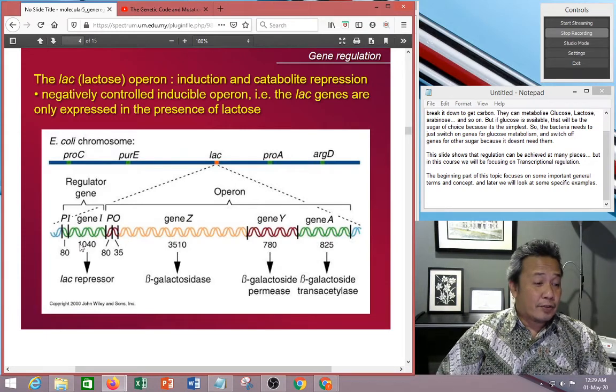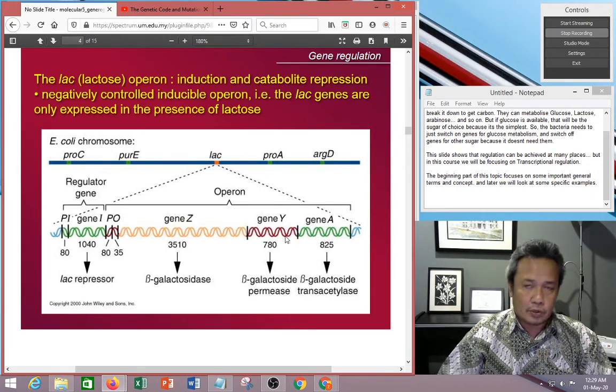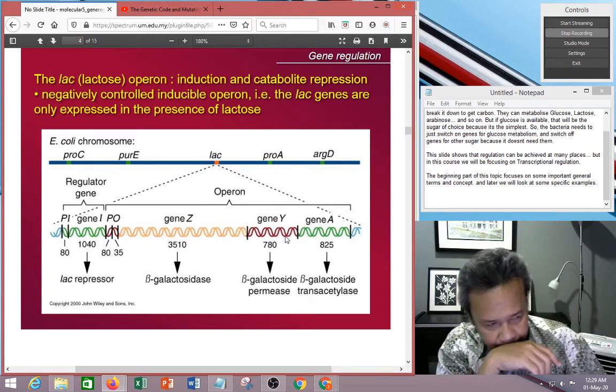And then this is the regulator gene that has the lac repressor, and that's the promoter for the gene. So you have two different promoters. This promoter is for the gene I, the inhibitor or the repressor molecule. This promoter and operator is for the three genes. So this is called the whole operon.